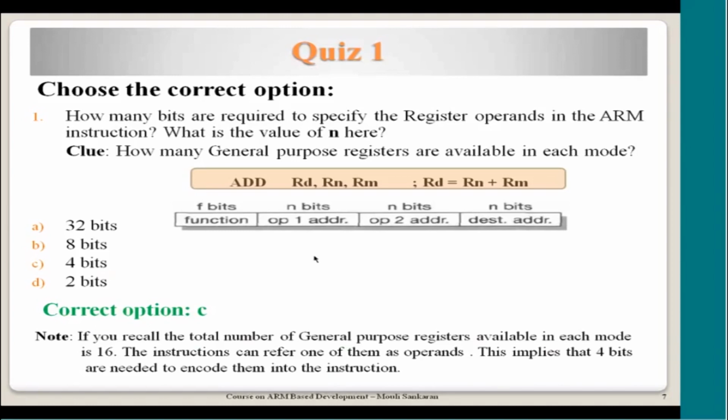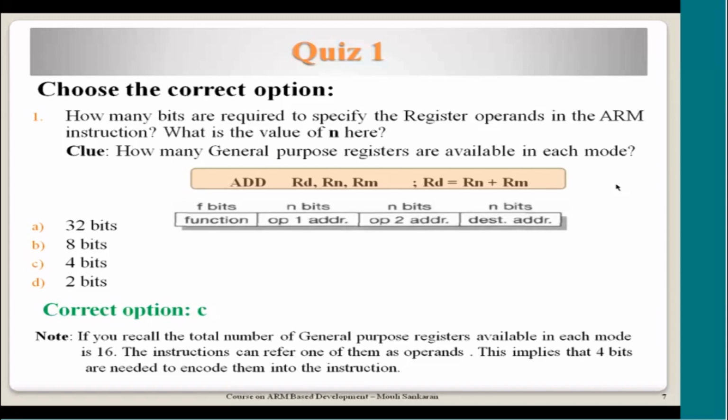Why do we need 4 bits? All of you know how many maximum numbers can be represented using 4 bits. It is 0 to 15, that is totally 16. So if you recall the number of total registers in the ARM register file, overall it may be some 37 or so, but when this processor is operating in a particular mode, it is going to be seeing only a subset of the registers which are available physically there.